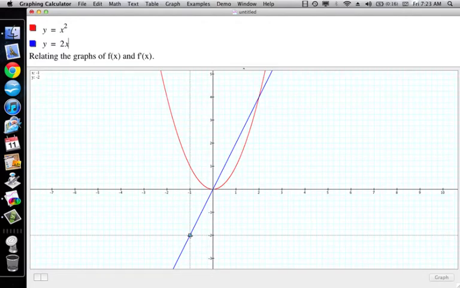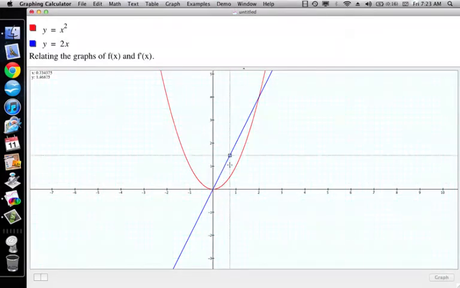Then right here, the blue line has a y value of 0, which means that the red line has a slope of 0. And where the red line has a slope of 0, it's horizontal.